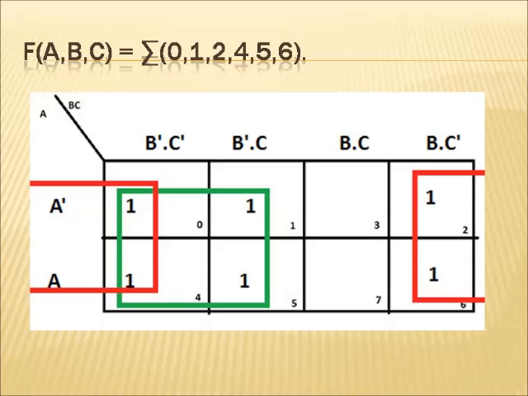Okay, last class we have seen how we can form the cells or groups, how we can form the groups in K-map. Here you can see that last class we have seen we can form the groups of 2, 4, 8. That is the powers of 2.